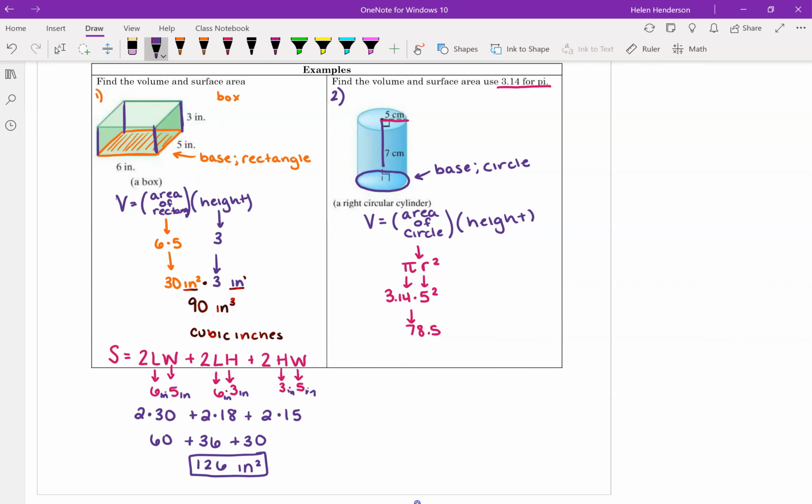So the height is 7 centimeters. Remember, this was centimeters squared, and this is just regular centimeters. And when I times these two together, the units become cubic. So cubic centimeters. In my calculator, I'm going to take 78.5 times 7, and that gives me 549.5 cubic centimeters.